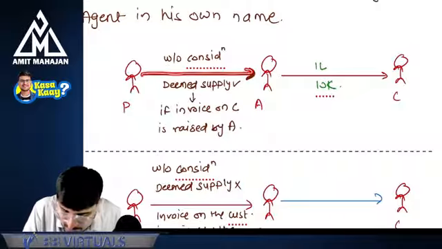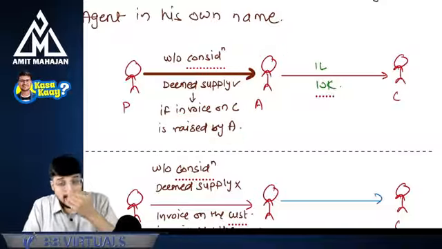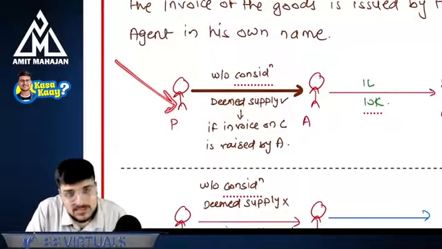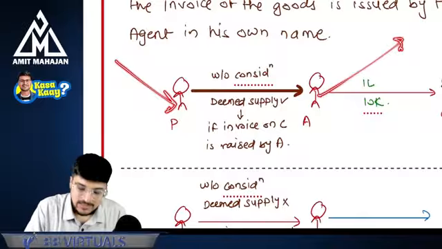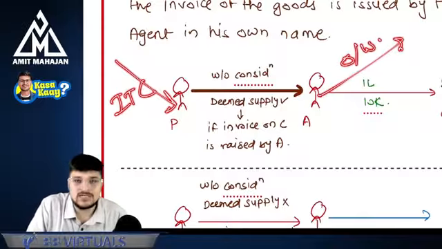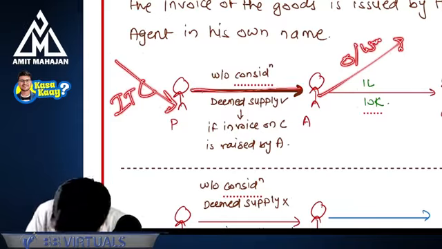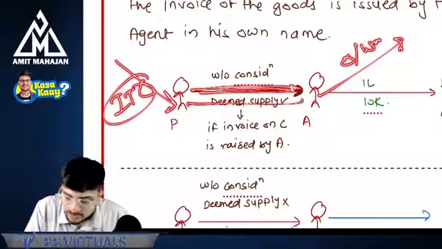So when will this be considered as deemed supply? When the invoice on the customer is raised by the agent in his own name. Why? Because the goods must be purchased by the principal, and goods are actually getting sold in the name of the agent. ITC is available with the principal and outward tax is of the agent. So don't you think this agent should have the ITC? Yes, and that's why they made this transaction a taxable transaction, and they transferred the ITC to this person.